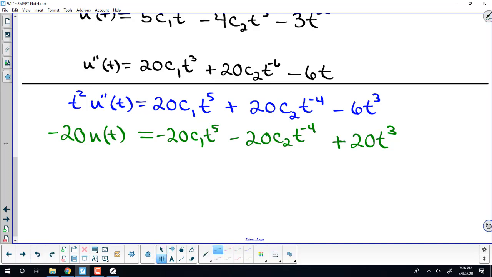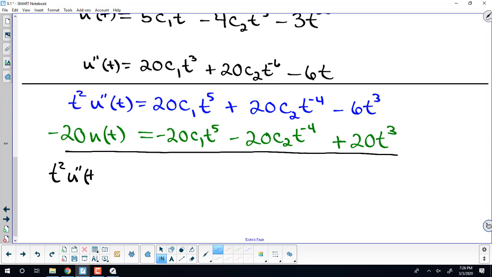So we're just going to combine these two things. We got t squared u double prime minus 20 u of t equals, we got 0 there, we've got 0 there, we've got minus 6t cubed plus 20t cubed for a 14t cubed.